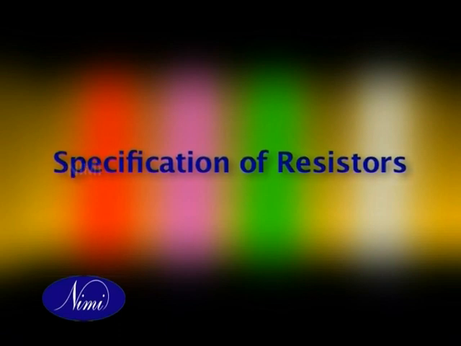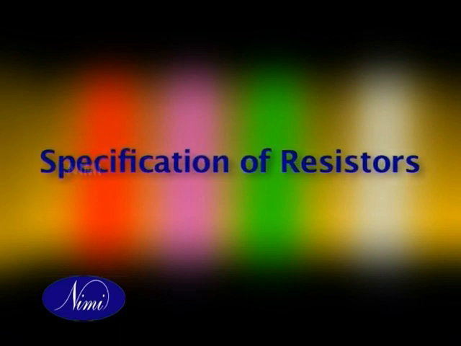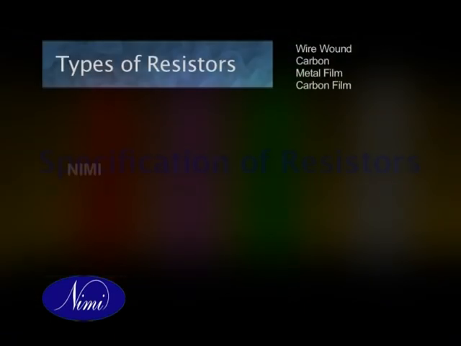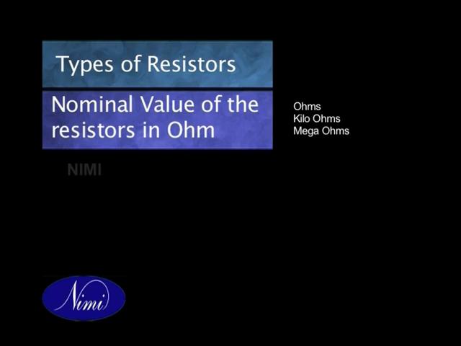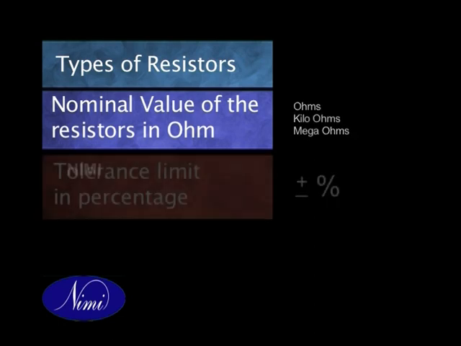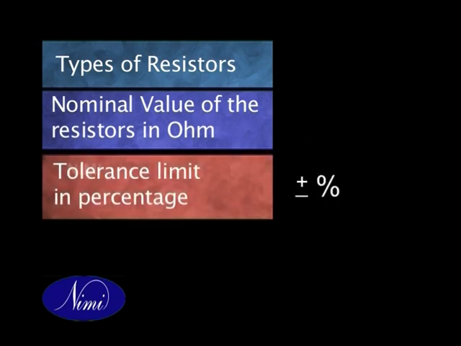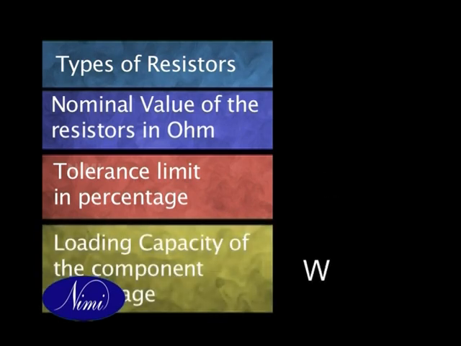Resistors are normally specified with 4 important parameters: type of resistor, nominal value of the resistor in ohm, kilo ohm or mega ohm, tolerance limit for the resistance value in percentage, and loading capacity of the component in wattage.